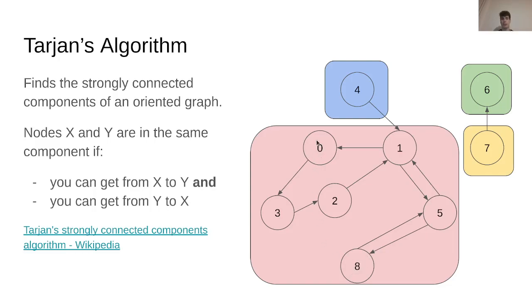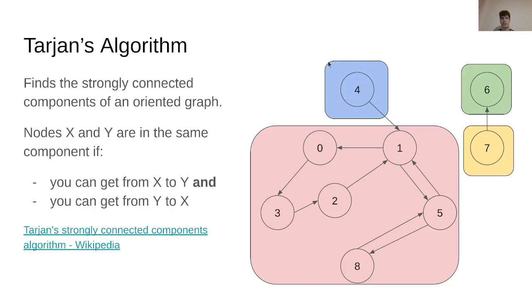So I can get from 0 to 8, but also from 8 to 0. I can get from 0 to 1, but also from 1 to 0. So the connected components are groups of nodes from which we can go from anyone to anyone.